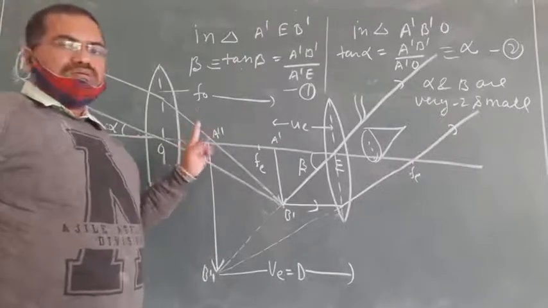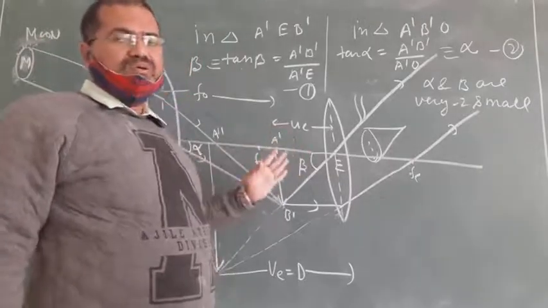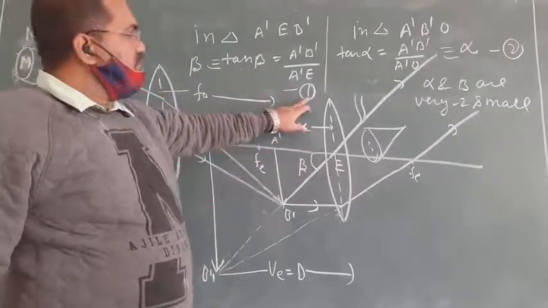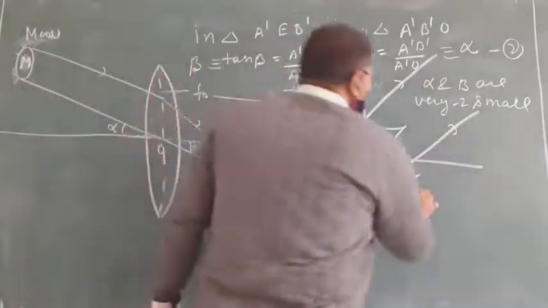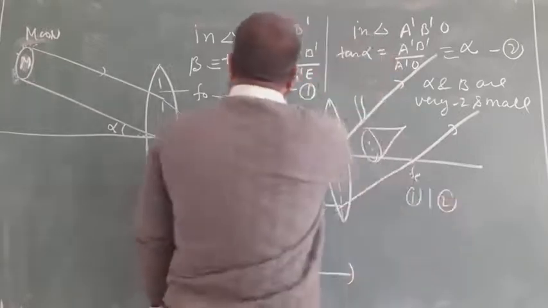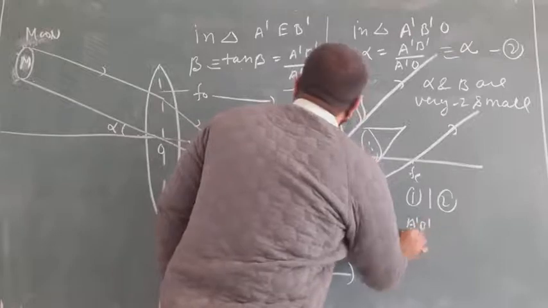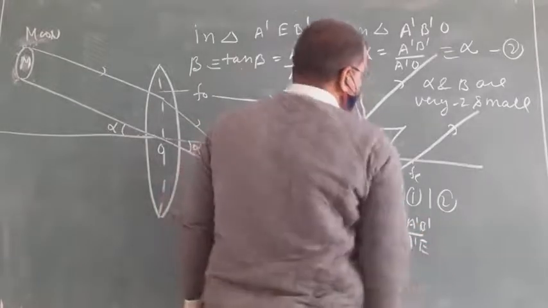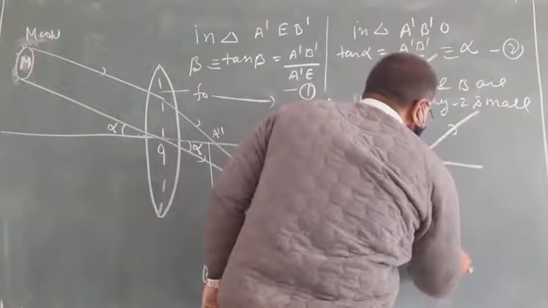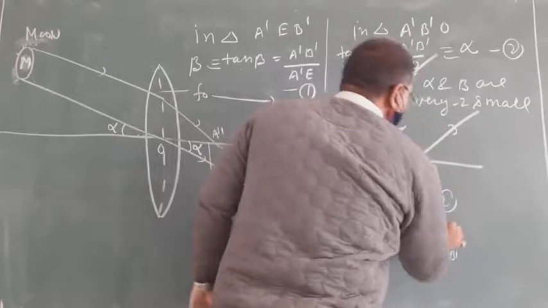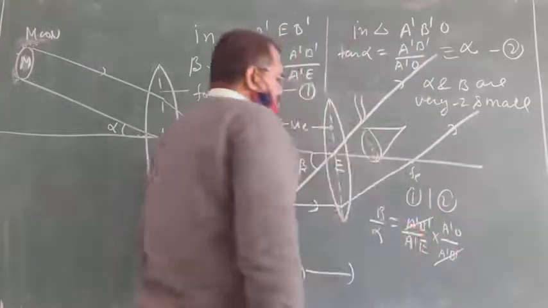We should find out m, the magnifying power of the telescope. So m equals beta upon alpha. Dividing equation 1 by equation 2, what we get is beta by alpha equals A'B' upon A'B, upon A'B' upon A'O. A'B' is cancelled out.